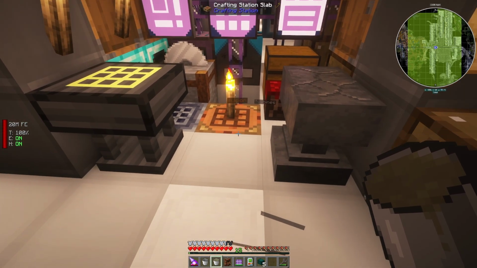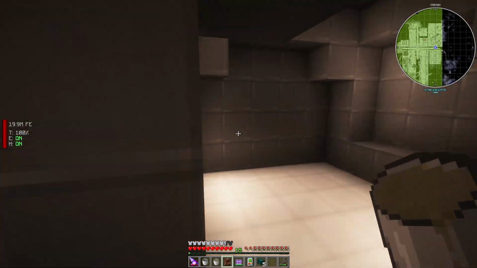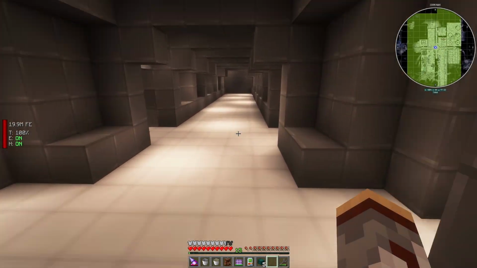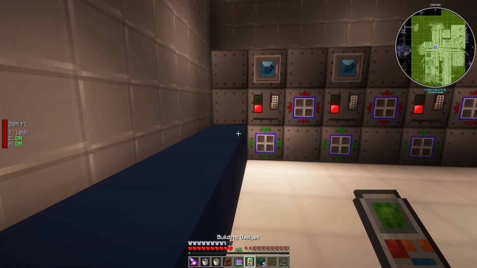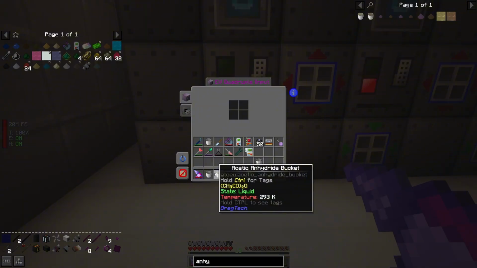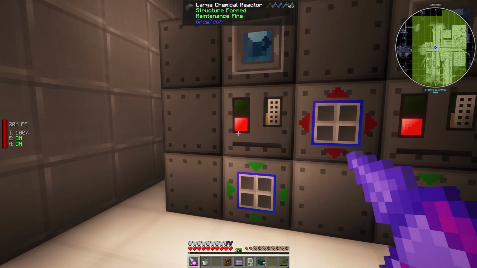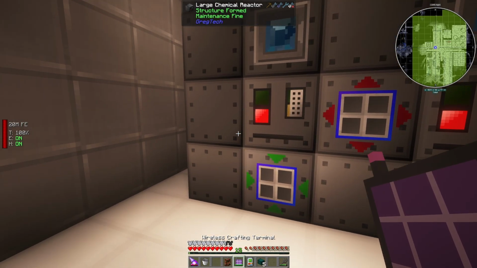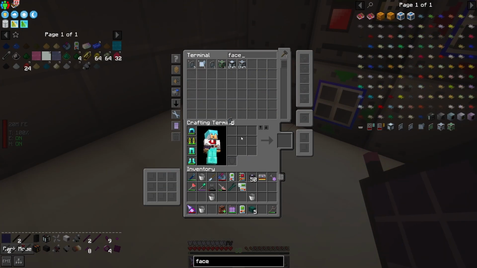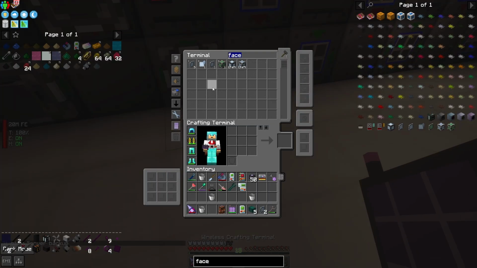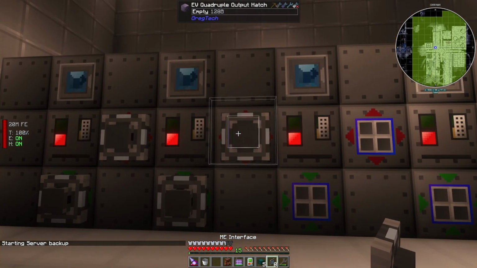Okay, so let's pop down to the room that we need to be in. It's probably gonna be over here. Yes. Okay. Input hatch. You go in there. Yeah, I guess we're not going to be using storage buses per se, so I can just do this for the most part.